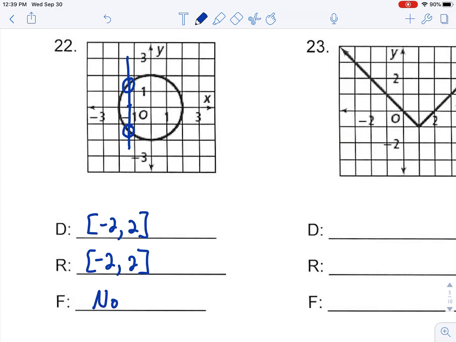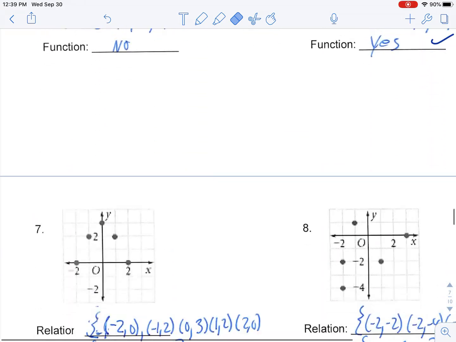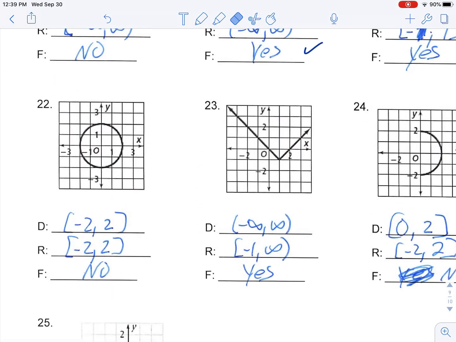So this is a no. We can draw more vertical lines. All that does is prove that it fails over and over again. But when it fails, it fails. You only have to draw a vertical line once to prove that it fails. All right, let's check number 22. So there, yep. Domain, range, no.